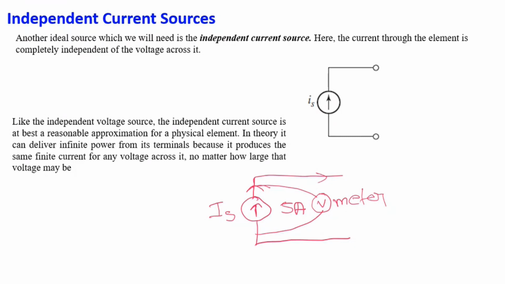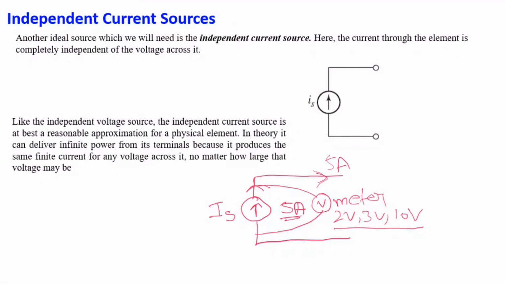Sometimes it will be 2 volts, sometimes 3 volts, sometimes 10 volts. Whatever the voltage across these terminals, it has to give the designated amount of current. If I say 5 amperes, it has to give 5 amperes irrespective of the voltage across the terminals.